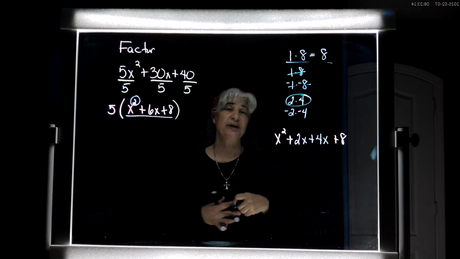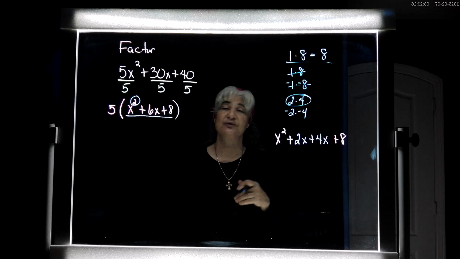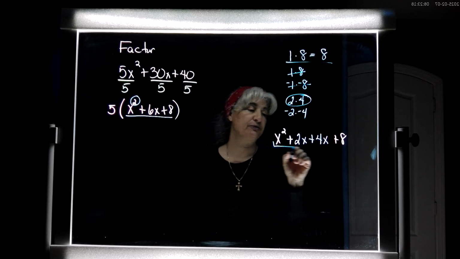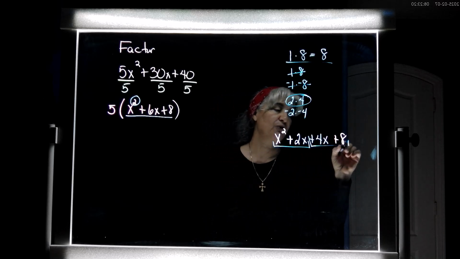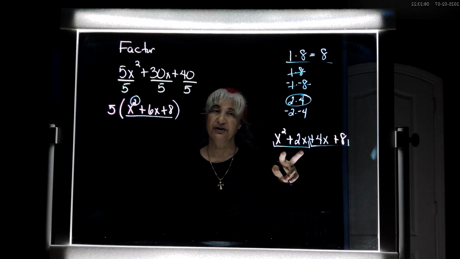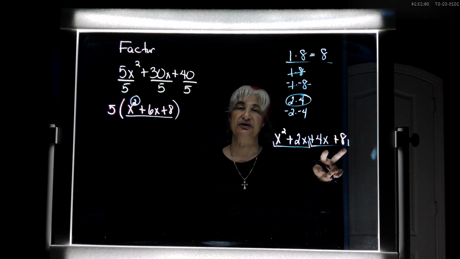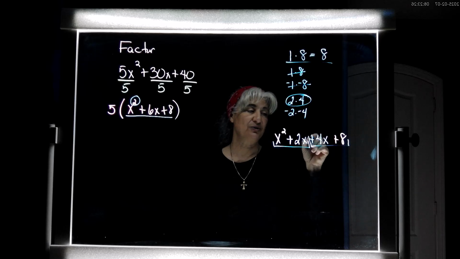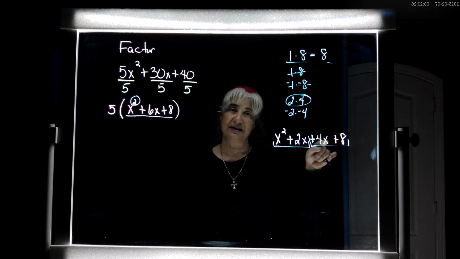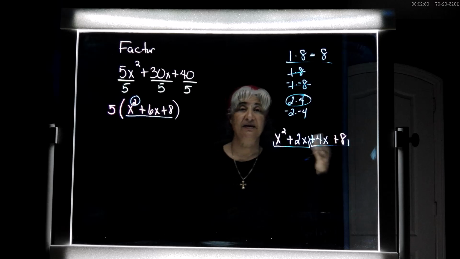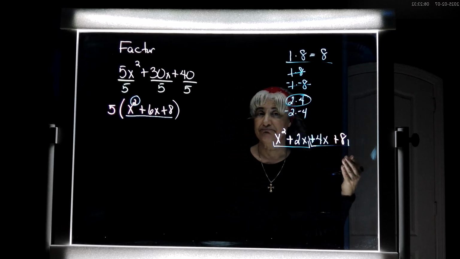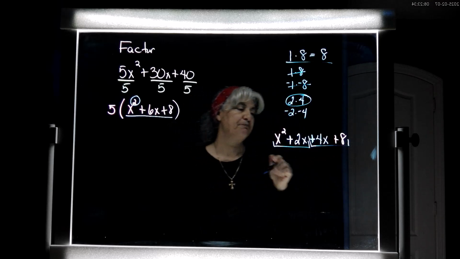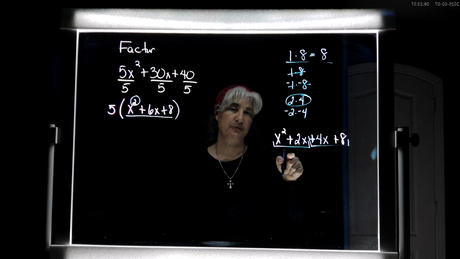All right, now we have 4 terms. And now we can use that wonderful technique that we've already refreshed our brain on called grouping. So pair up the first 2, pair up the second 2, and in the second 2, this sign goes with the term that follows it. Cool? Got it. Okay, so what's in common in the first pair?